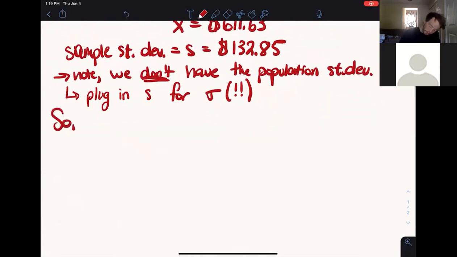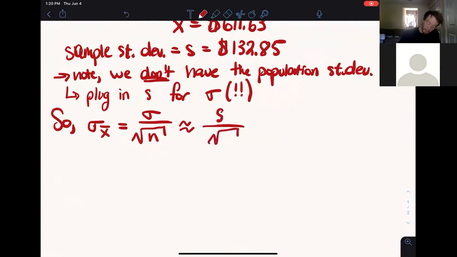So we need to know the standard deviation of the mean, right? Which is just equal to the standard deviation of the population divided by root n. We just said that we're going to plug in our sample standard deviation for the population standard deviation.